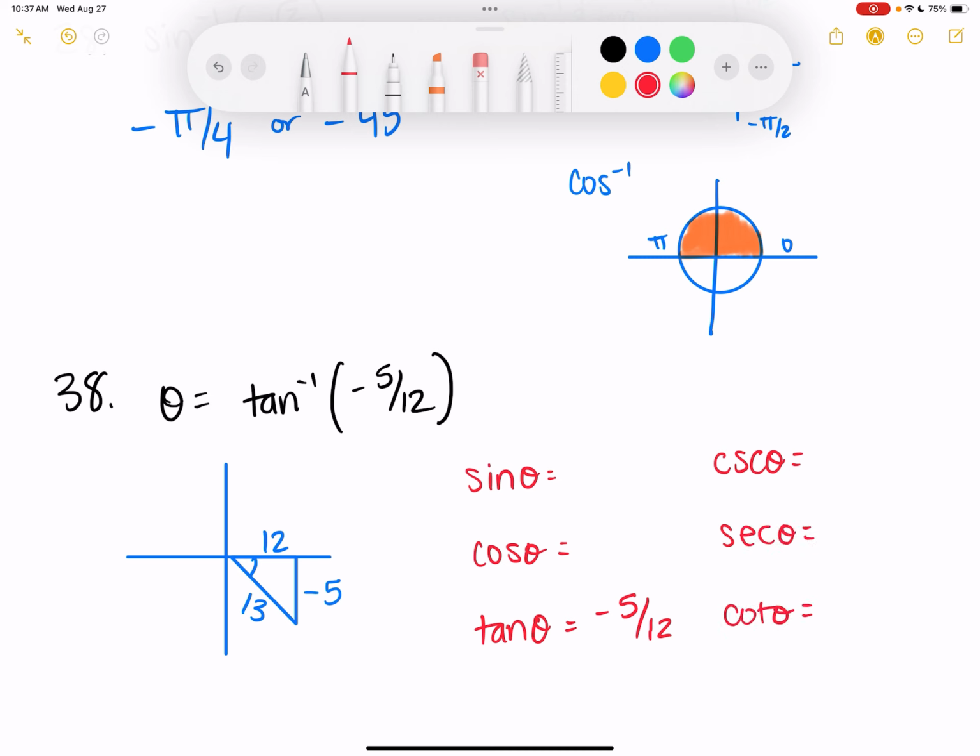So sine of theta is -5/13. Cosine of theta is 12/13. And then on the other side, we just need to flip the fraction. So cosecant is -13/5, secant is 13/12, and cotangent is -12/5.